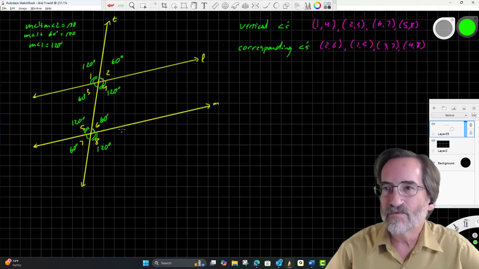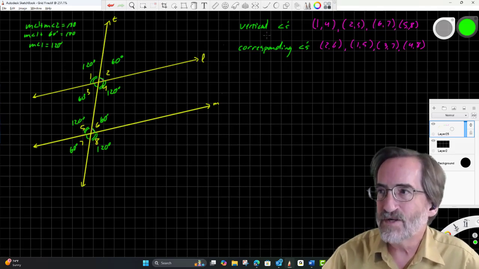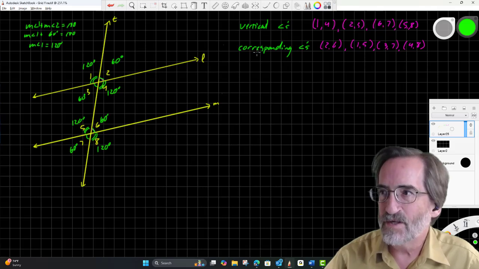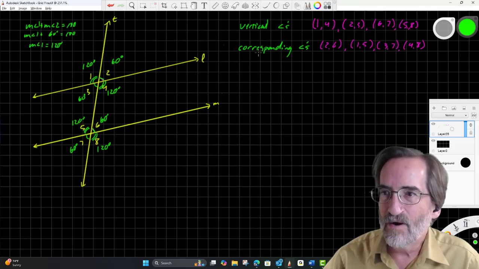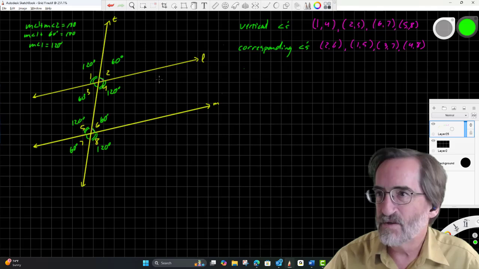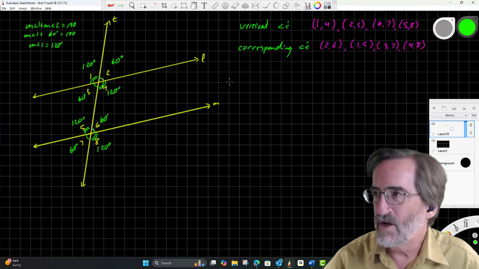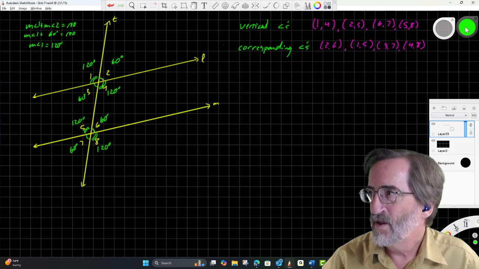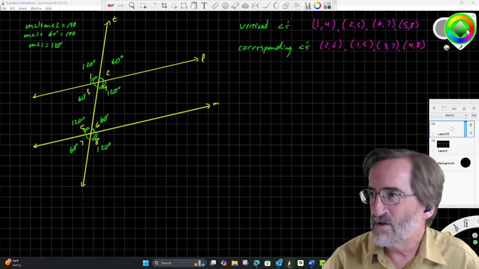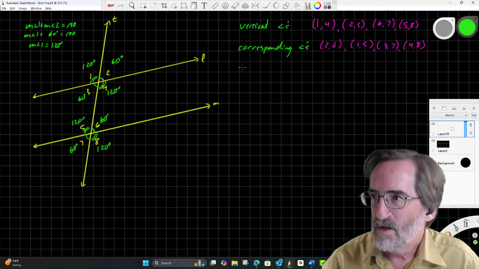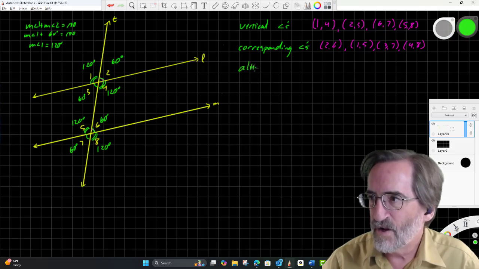So vertical angles are angles opposite each other formed by intersecting lines. Corresponding angles are angles that are in the same orientation, upper left, top right, bottom right, and so forth. But there are other angle pairs to be named as well. There are alternate interior angles.